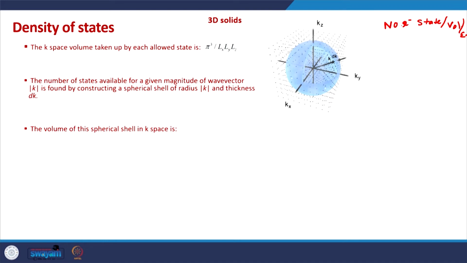In order to calculate the density of states, we plot a spherical shell in this kx, ky, kz plane. We plot a spherical shell of thickness dk. The inner radius of the spherical shell is k and the outer radius is k plus dk.